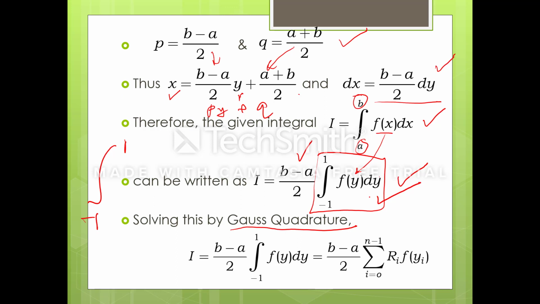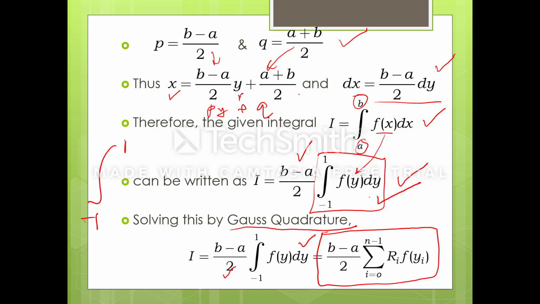And once this is the integral to be evaluated, the Gauss quadrature formula in the most simple way, we can write it like this. This is the most simple form of writing the Gauss quadrature formula. (b minus a) by 2 is still here, sigma i equal to 0 to n minus 1, Ri f(yi).